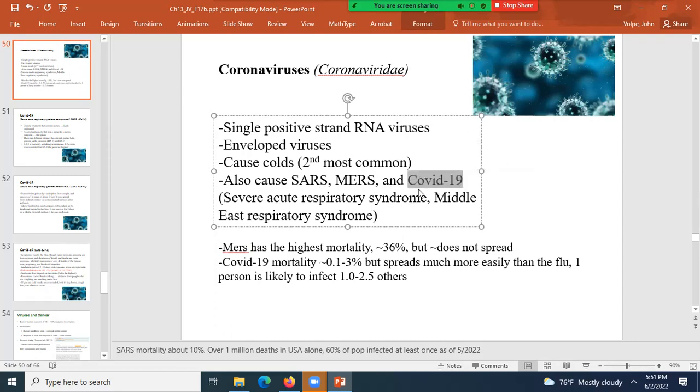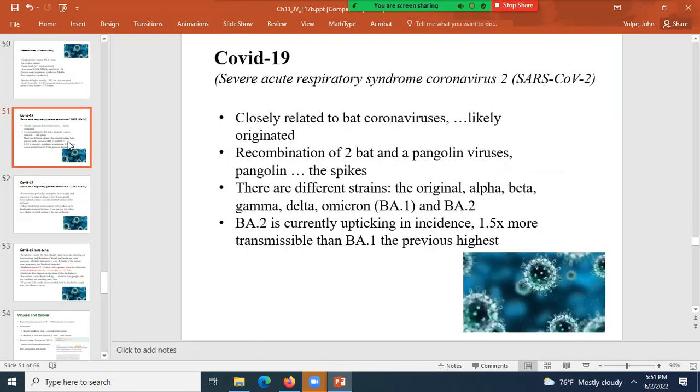So the name is an abbreviation for coronavirus identified in 2019. Any question about that? And there is the correct name for COVID-19, severe acute respiratory syndrome coronavirus 2, or SARS coronavirus 2.